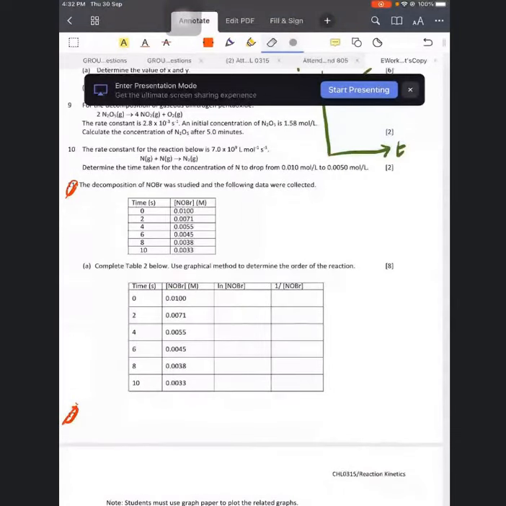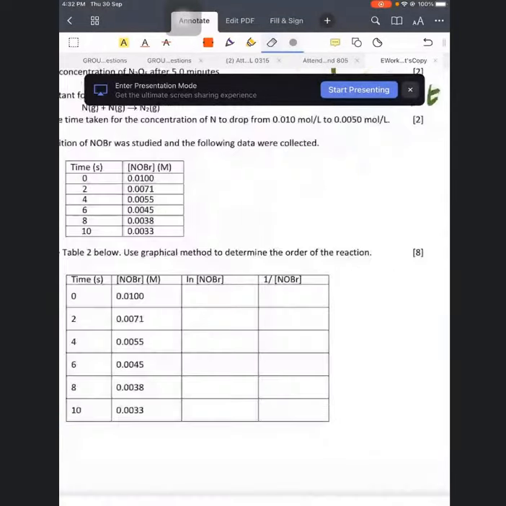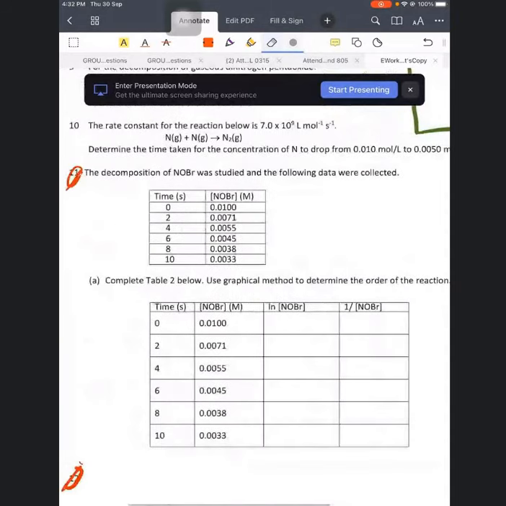Okey. So, contoh macam mana soalan boleh tanya yang berkenaan dengan graphical method ni. Soalan nombor 11. Dia kata the decomposition of NOBR was studied and the following data were collected. Soalan bagi masa, time dan juga concentration of NOBR, yang kita panggil sebagai [NOBR]t, concentration at time t. In our previous subtopic kita dah belajar kalau kita plot linear graph, kalau dia zero order, mestilah [NOBR]t versus t.